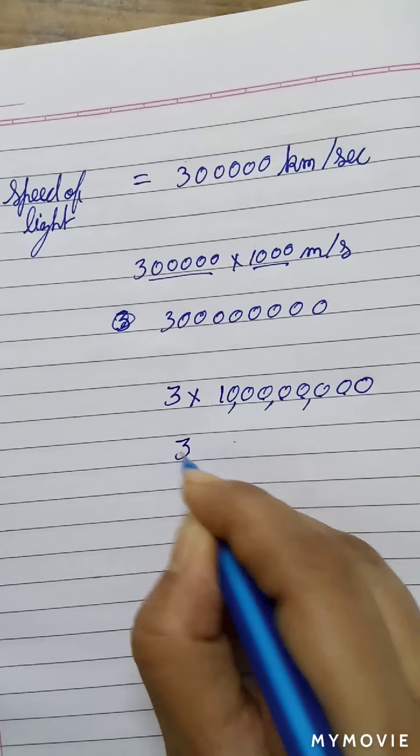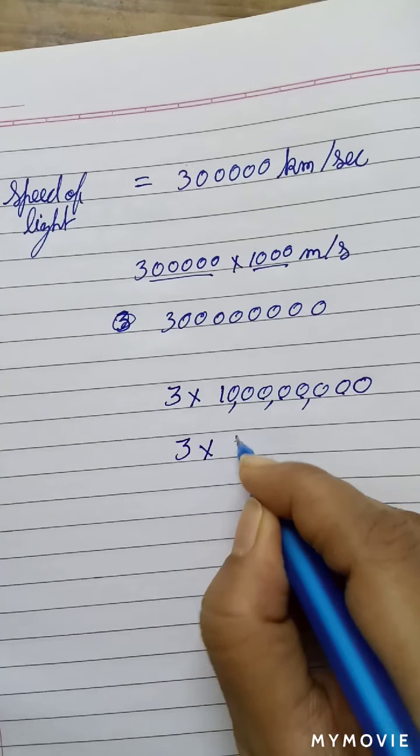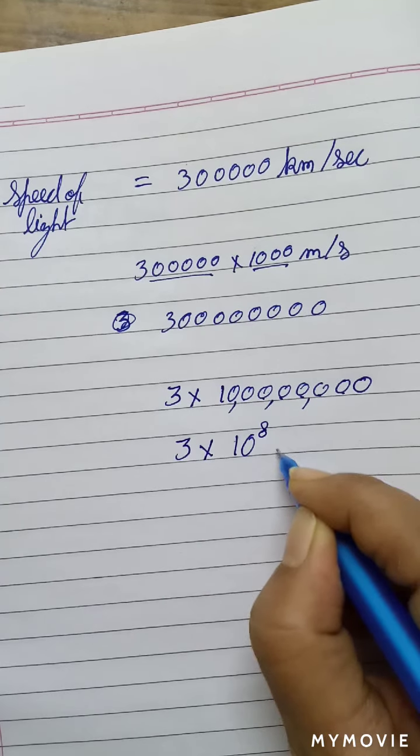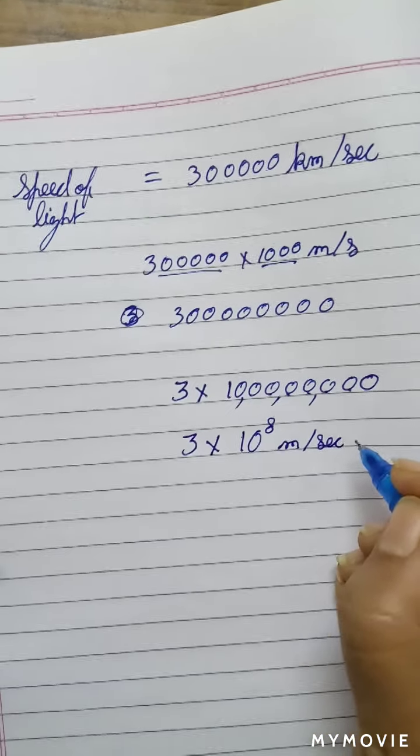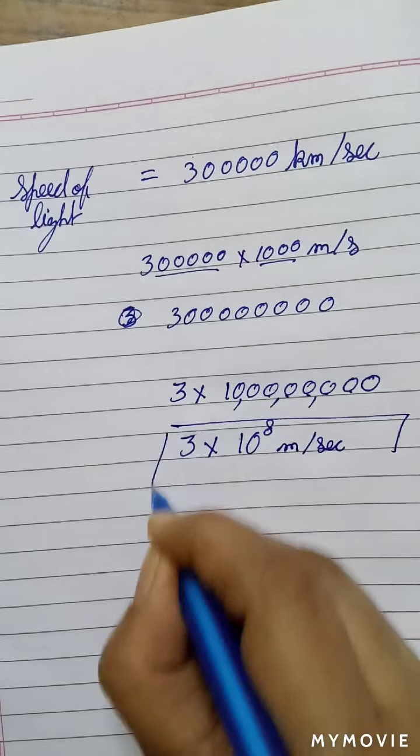So we can write it conveniently like this: 3 into 10 to the power 8 meters per second. It looks decent and it is convenient too.